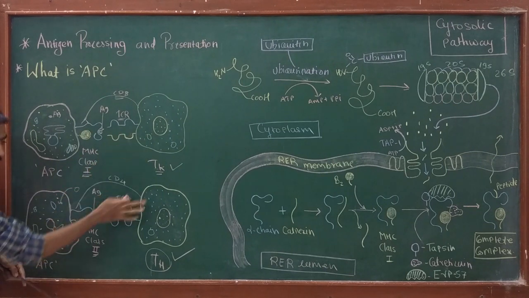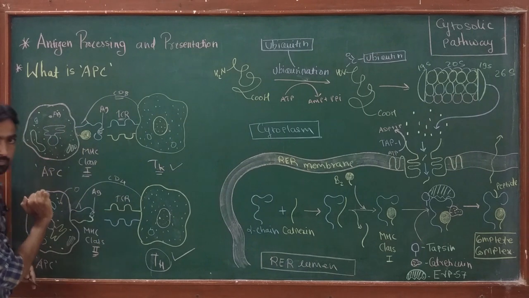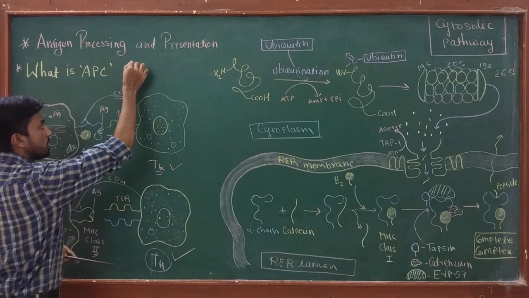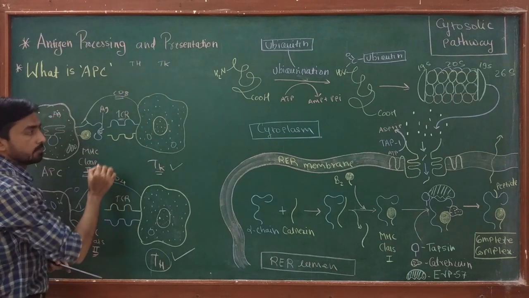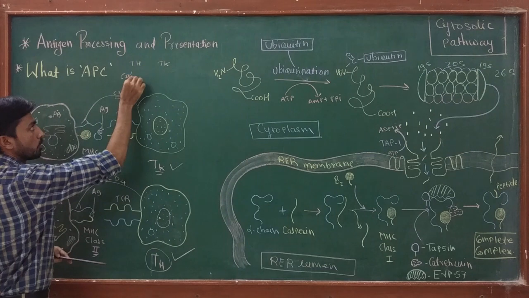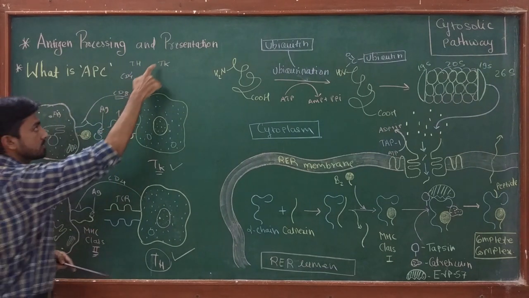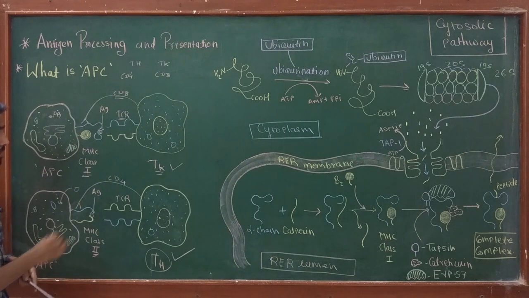If we develop a simple formula, then we can remember this concept. Okay, so now T helper cell, T killer cell. T helper cell has CD4. T killer cell has CD8.